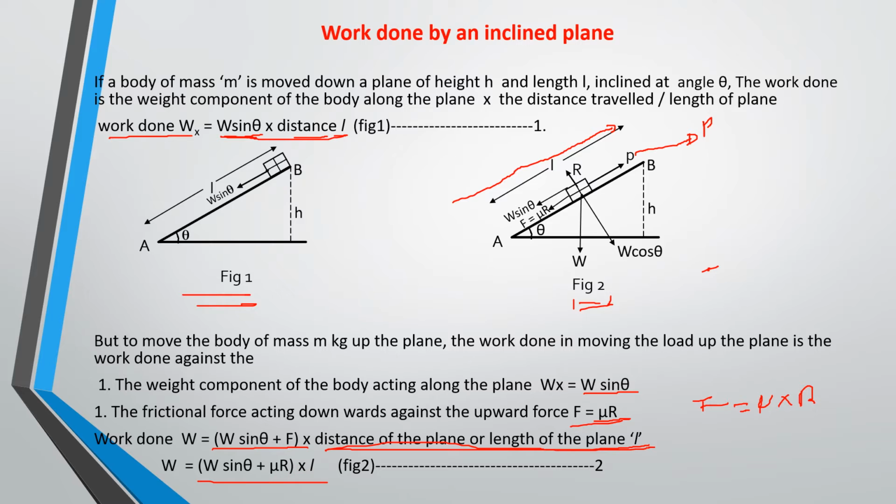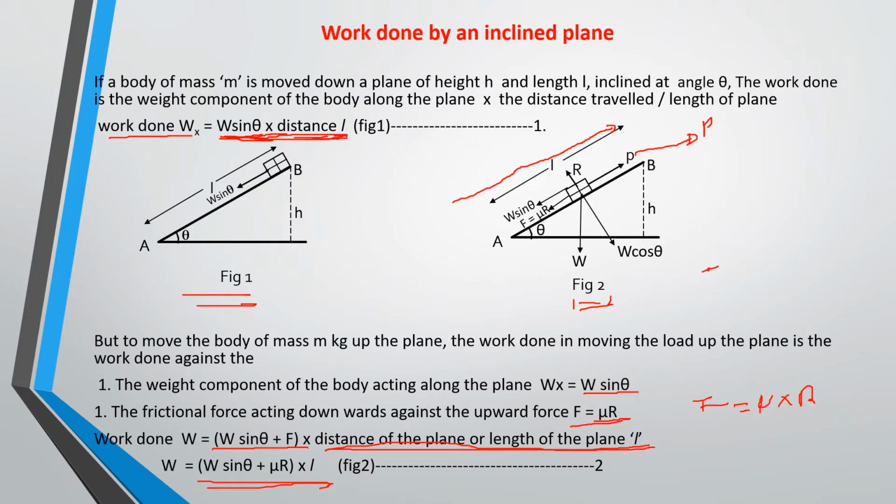So please take note of this equation. This equation is for the work done in moving an object up the incline, while this other one is for the body that is moving freely, or coming down the plane.